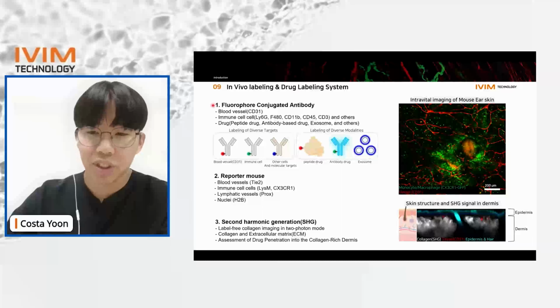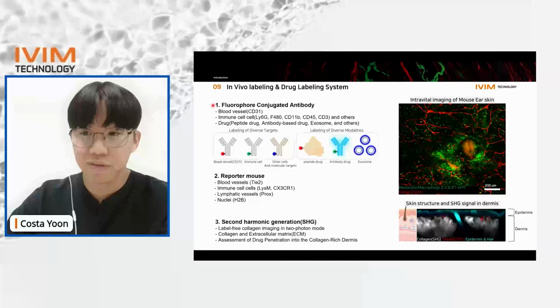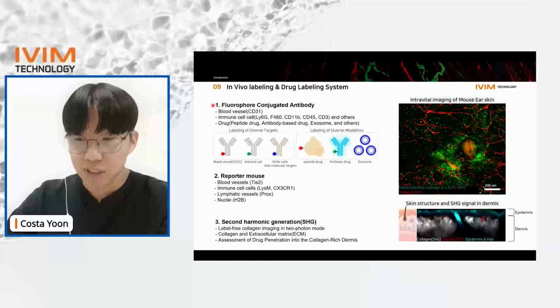And intravital imaging is primarily based on fluorescence signals. For most targets, fluorescently labeled antibodies are administered intravenously to visualize specific structures or cell populations. Because a defined amount of antibody is injected according to the body weight of each animal, highly consistent labeling can be achieved.